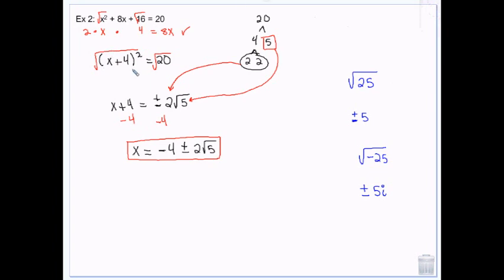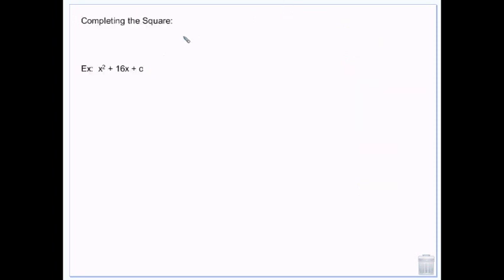As you can see from these examples, when you have these perfect square trinomials, they're kind of nice because they factor easily, and then you just take the square root, and it's not long, so it's nice, right? As far as factoring goes. Well, completing the square is the act of forcing the equation to have a perfect square trinomial.